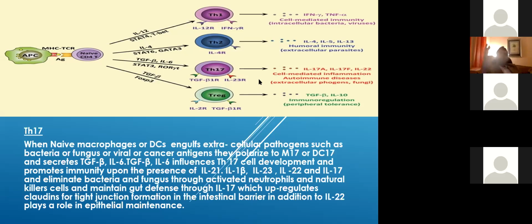And what will happen in the CBC? You will see that we have high neutrophil. So when you do the CBC differential, you will see high neutrophil, right? And so when you have high neutrophil, you may consider first that the patient has an infection with bacteria or fungus.